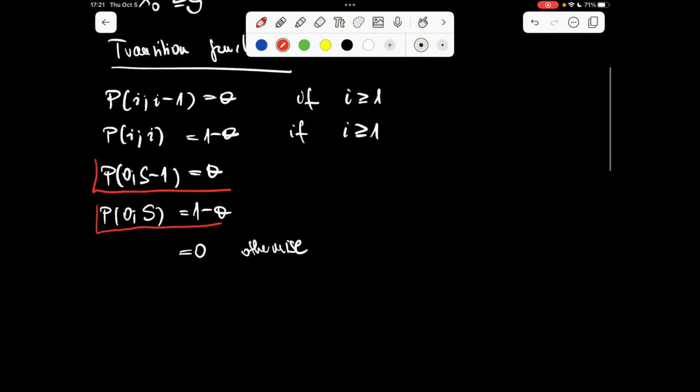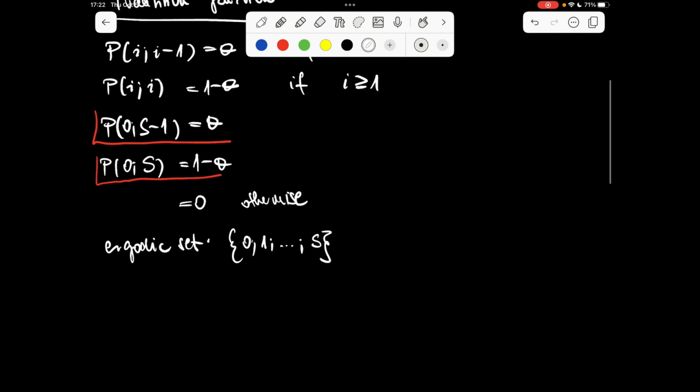The ergodic set is the inventory levels below S, because this is the state space that we cannot leave.